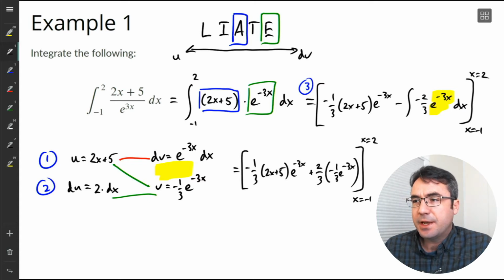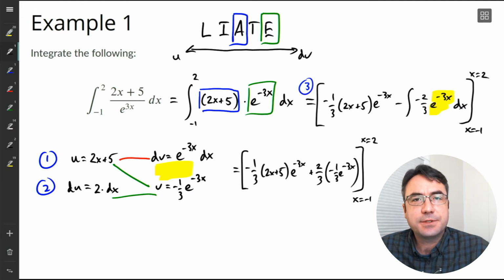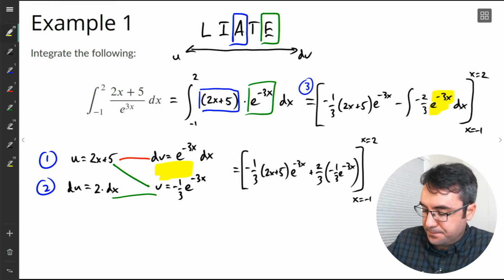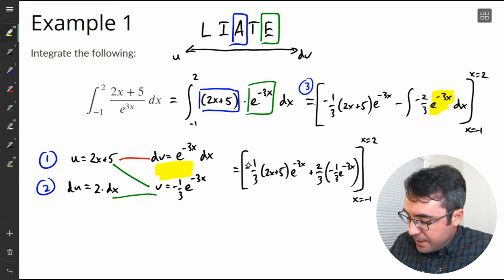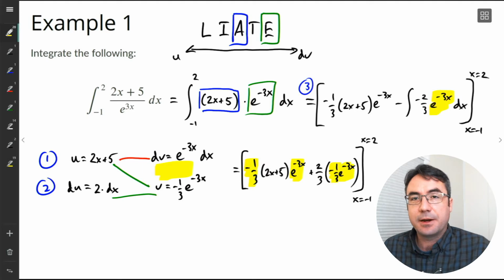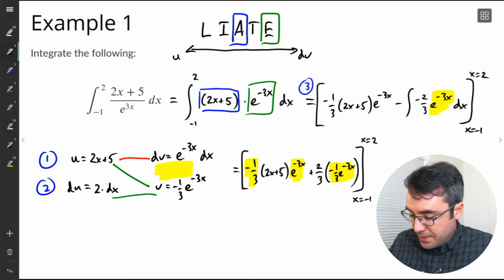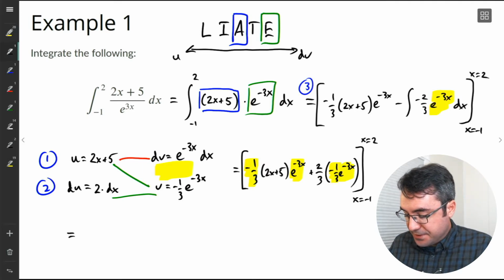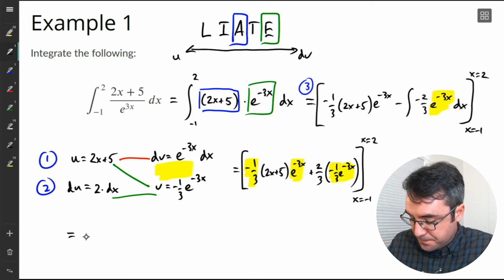All right, so what can we do? Well, there are a few things we can factor out. We can factor out a -1/3 from both of these, and we can factor out that exponential part. So if we simplify this, we can factor out -1/3 e to the -3x.